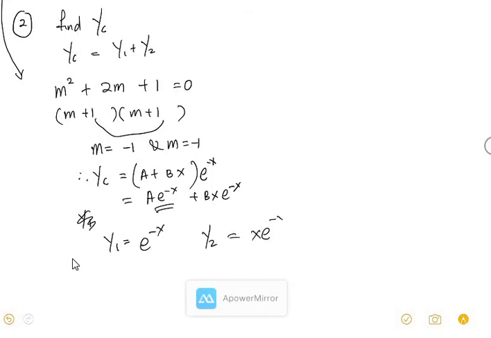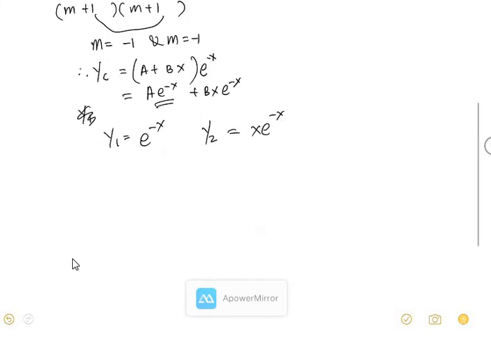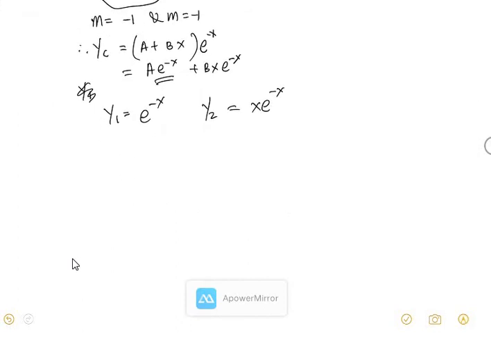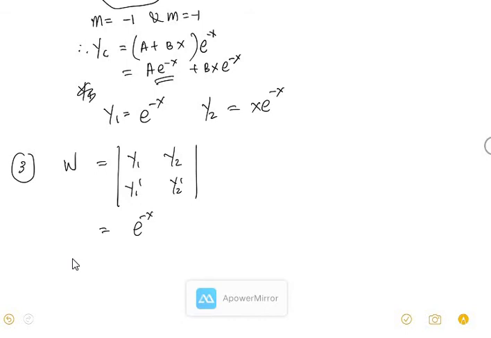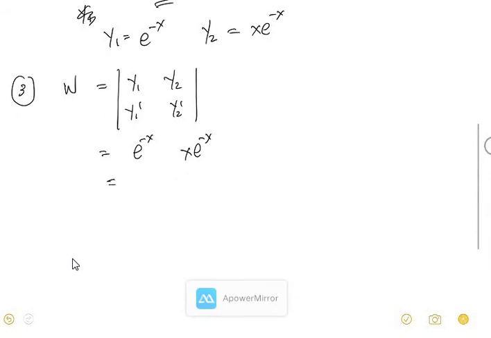Since m is negative 1, it's exponent negative x. So y1 equals exponent negative x, and y2 is x exponent negative x.